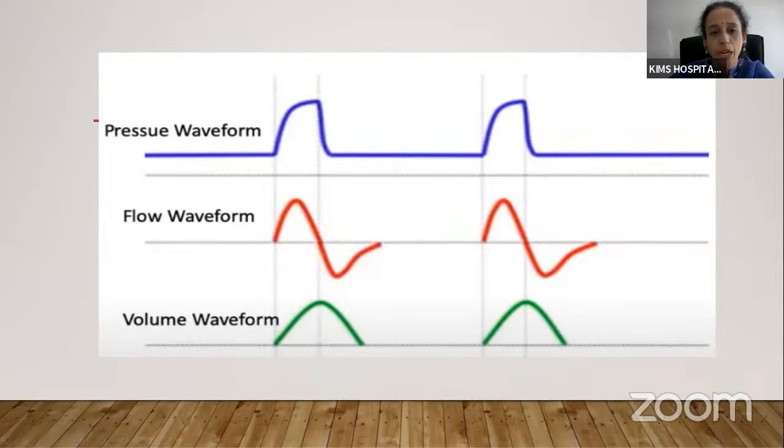Then the pressure in the ventilator tubing increases, so air starts flowing from the airway to the alveoli. Suppose we have kept the PEEP at 5, it will slowly increase to 8, 10, 12, 15, whatever PIP we have kept. If we have kept PIP at 15, the airway pressure increases from 5 to 15.